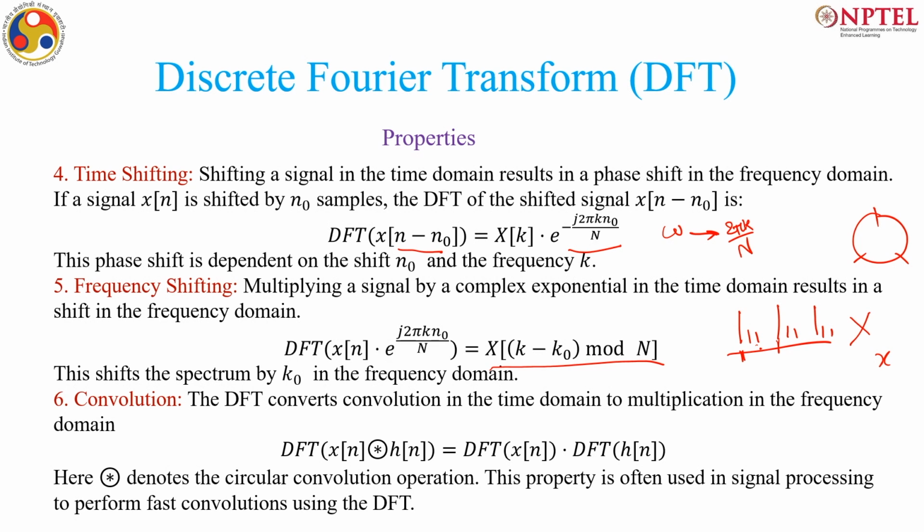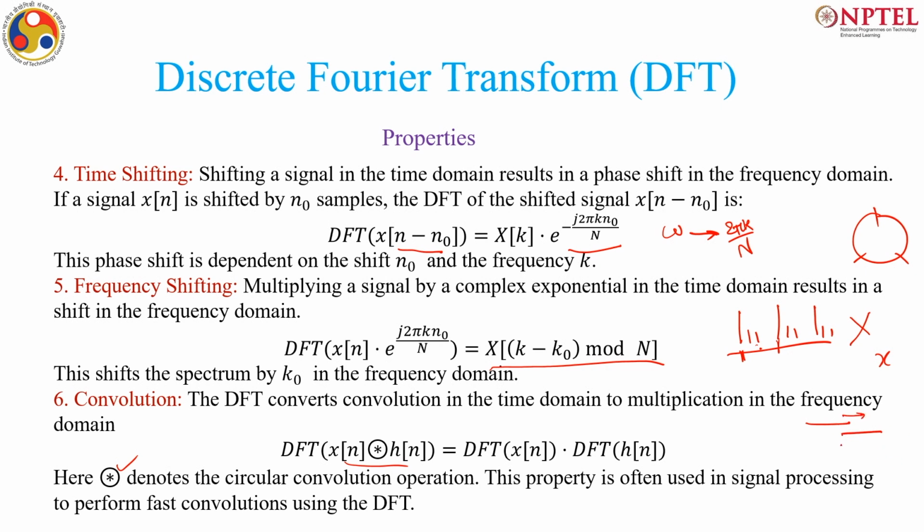Same with convolution. In your DTFT, spectra multiplication is equivalent to linear convolution, but in your DFT it is the circular convolution, which is denoted by this symbol. So, what is circular convolution? In linear convolution you have this signal and the kernel and you keep on shifting.